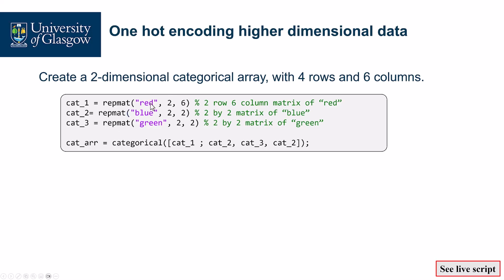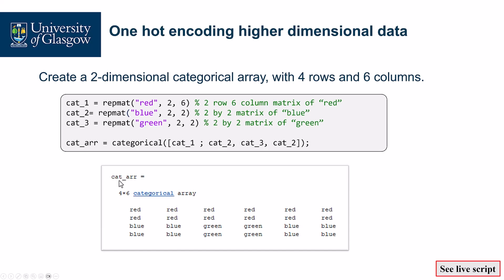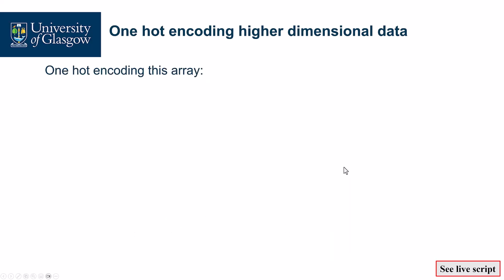To repeat them, and I use the new matrices to form a matrix. Then I put categorical out to make this become a categorical array. We call it cat underline array. So this is a cat array we generated, 4 by 6. So red, the first two rows, blue is here, green is here, and blue also here, right? So this is a cat array that we want to carry out one-hot encoding.